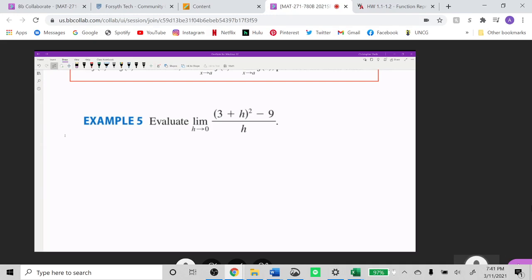Because if I plug zero in right away, then we're dividing by zero. Can't divide by zero. What I can do is use some algebra. We're going to use some algebra and simplify this to something where we perhaps can just plug zero in. And I'm saying zero because we're looking at the limit as h approaches zero.